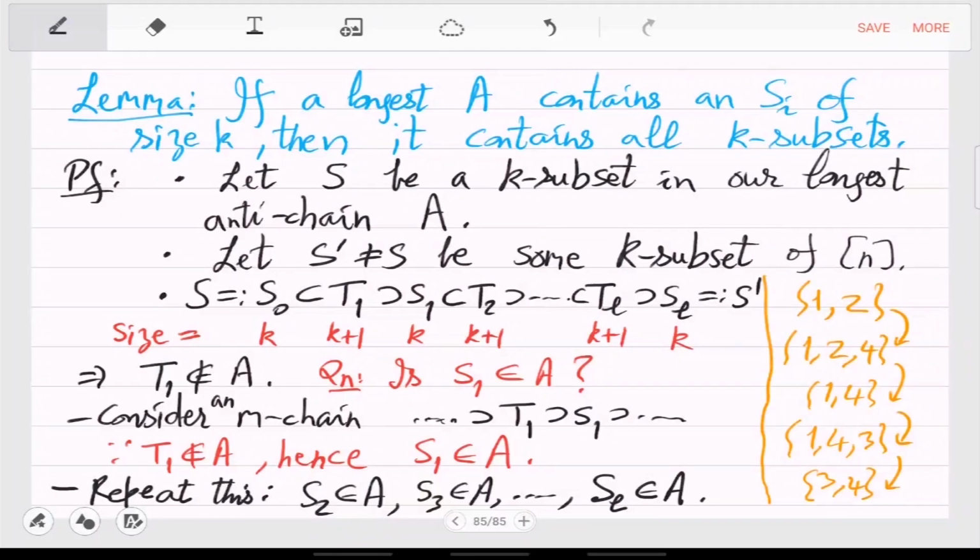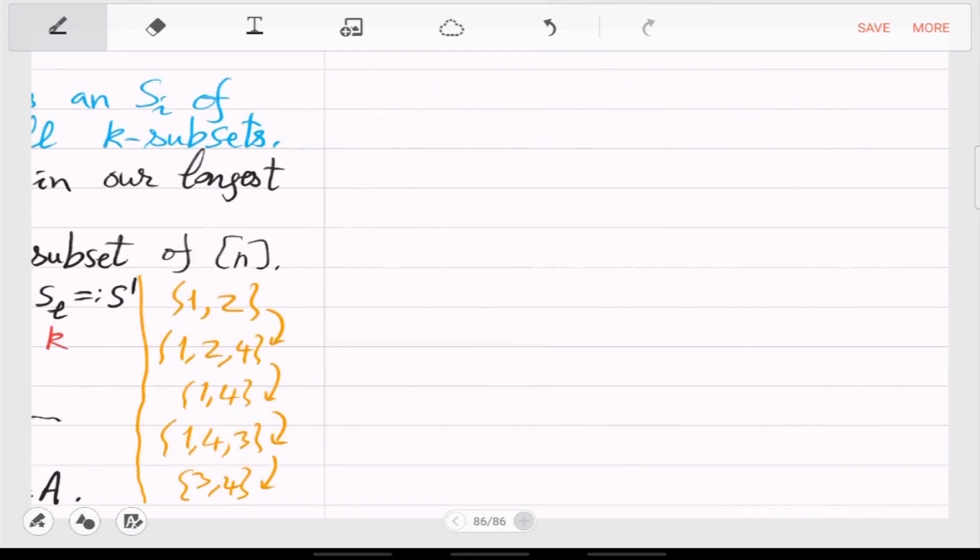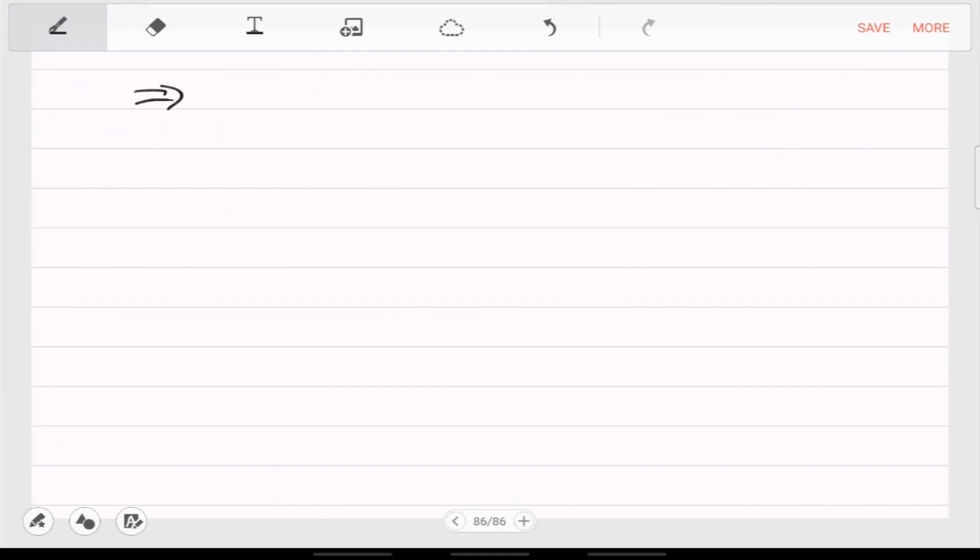Which means that whatever subset you want, you can show it to be present in the anti-chain. That was the lemma. So this means that every K subset is in the anti-chain A. Is that clear?